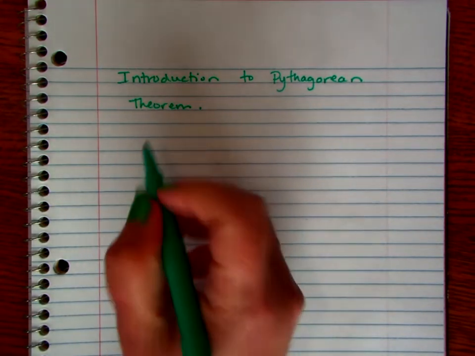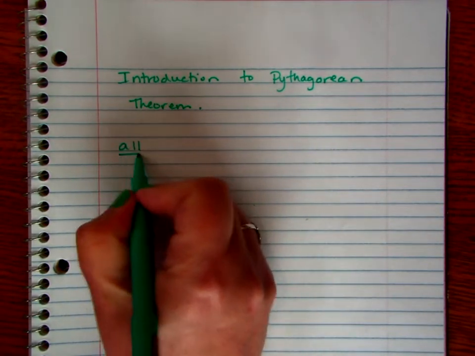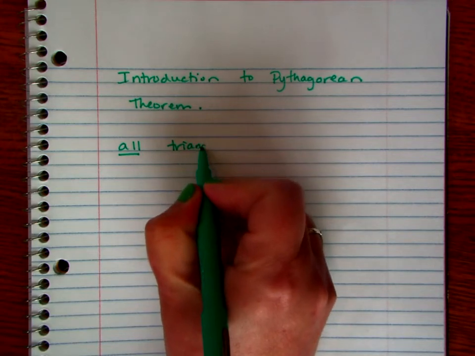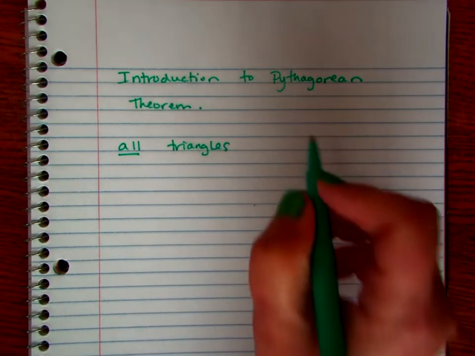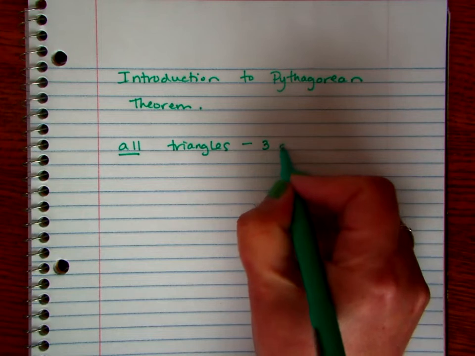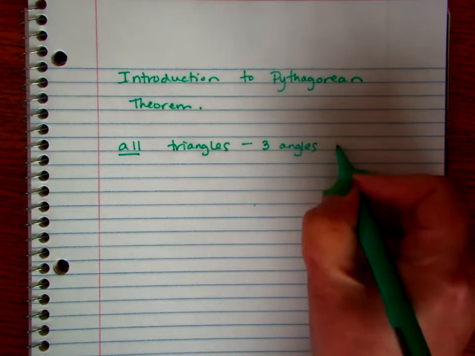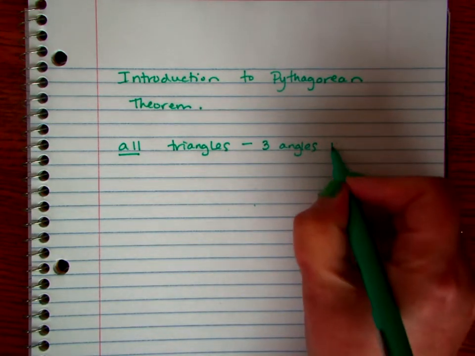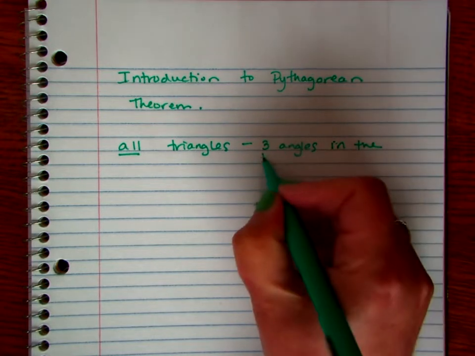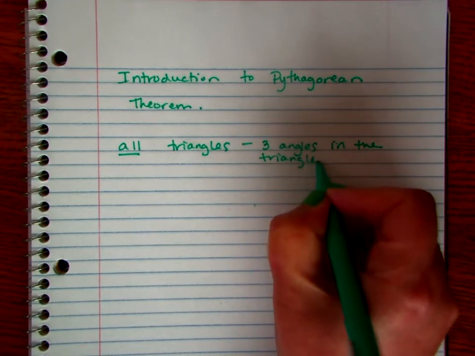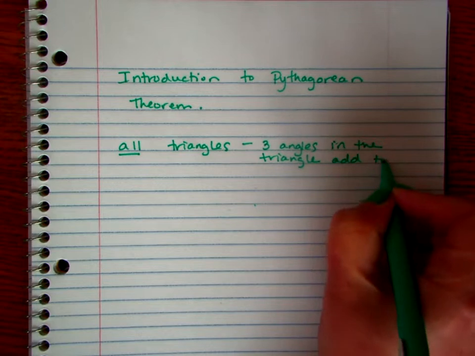So first of all, in all triangles, the three angles in the triangle add to 180 degrees.